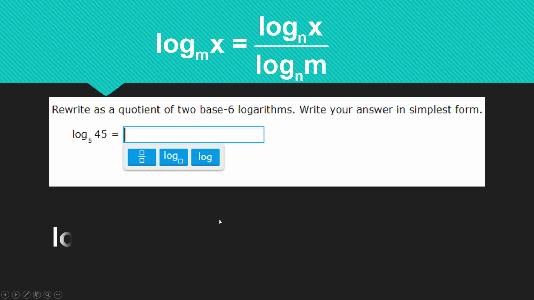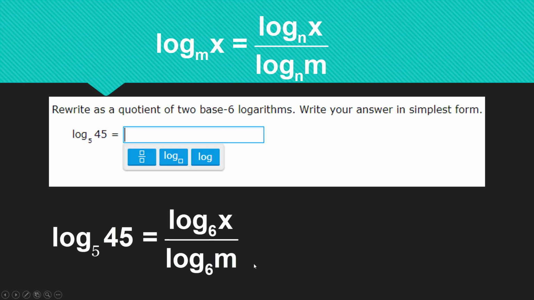So let's put some numbers in this. If I want to rewrite log base 5 of 45 using base 6, first thing I'm going to do is set up my expression using log base 6, and x is my 45, right? 45 is in the x place, so we're going to put a 45 here, and remember we said m is the old base, right?